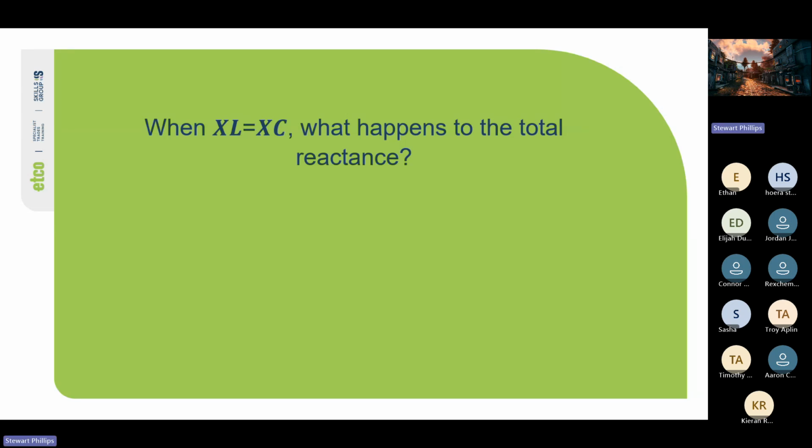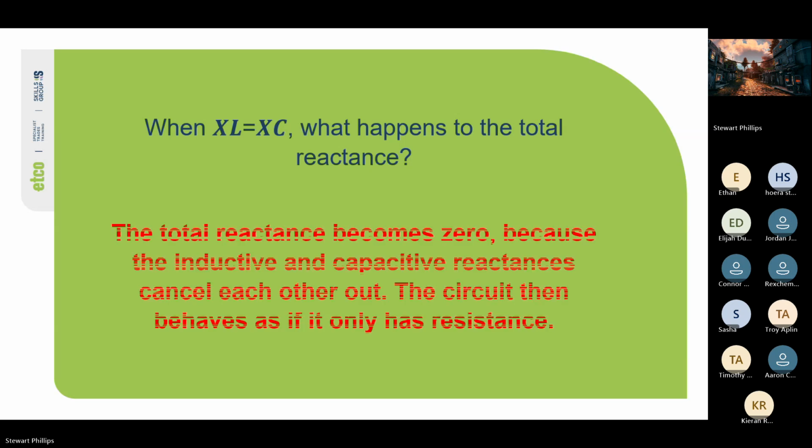Yep. So the total reactance becomes zero because the inductive and capacitive reactances cancel each other out. So the circuit then behaves as if it only has resistance. So it behaves as a purely resistive circuit.